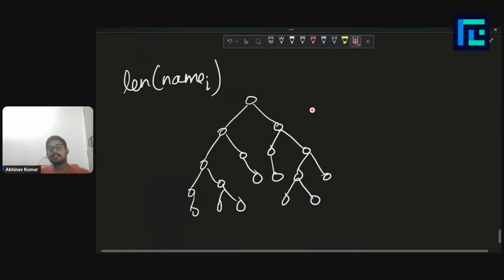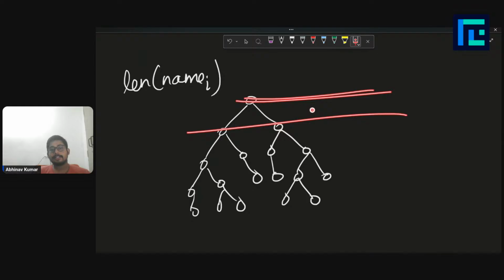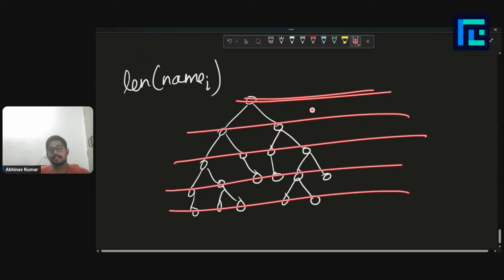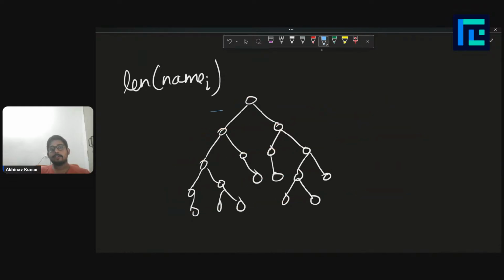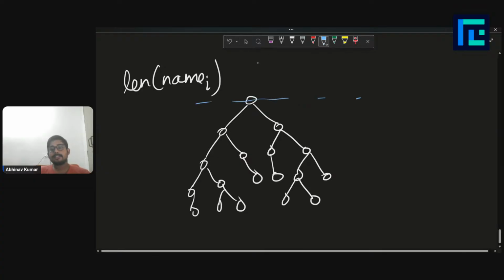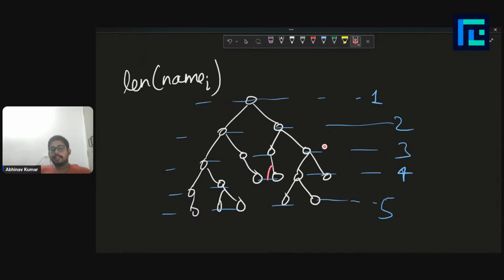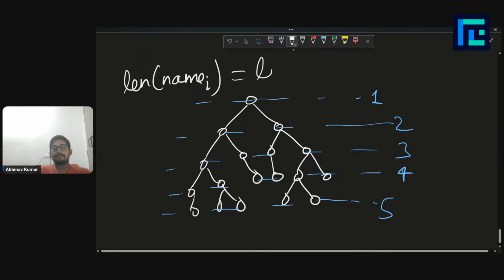If you divide this tree into levels, or you can say depths, this is level 1, this is level 2, this is level 3, this is level 4, this is level 5. For any particular node at the fourth level, it would have 4 characters in its name. So the length of any name would always be the level of that node.